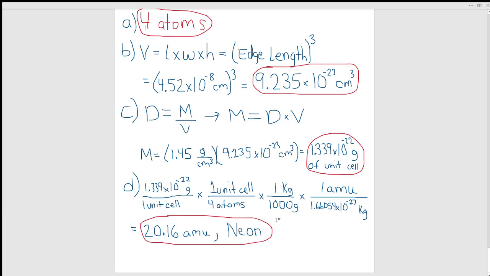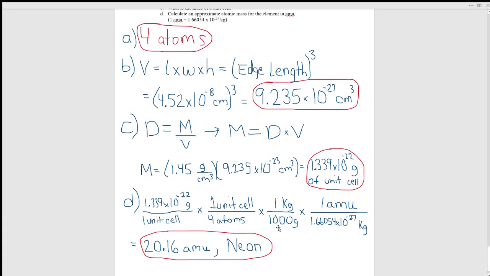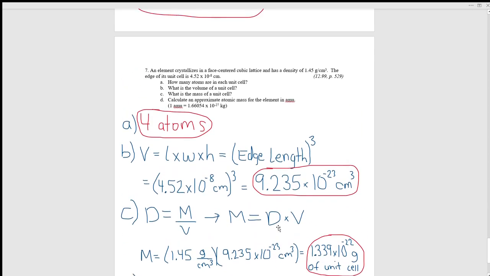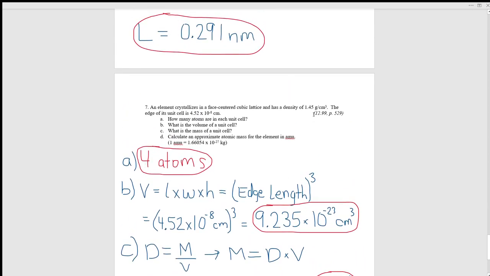So using that piece of information in our dimensional analysis, we multiply everything out and I get a value of 20.16 AMU. When you look on the periodic table of elements, you can see that 20.16 AMU corresponds to the element neon.